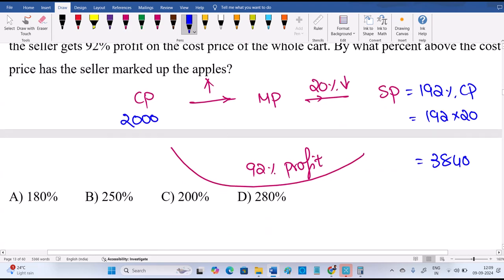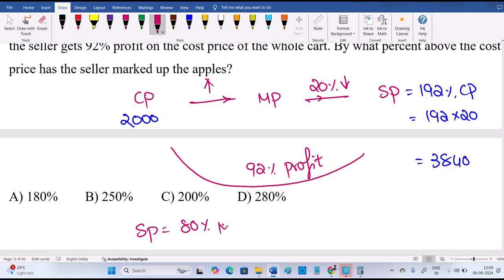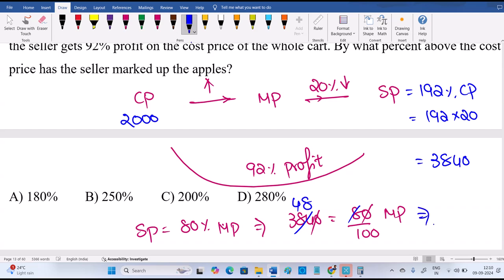So selling price is equal to 80% of marked price because of the 20% discount. So 3840 is nothing but 80 divided by 100 into MP. This zero gets cancelled. 8 4 times 32, 6 remainder 8 times. So marked price is 4800. Wait, don't conclude.